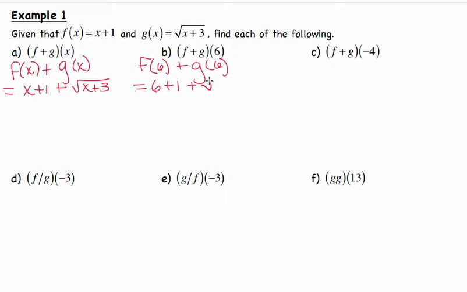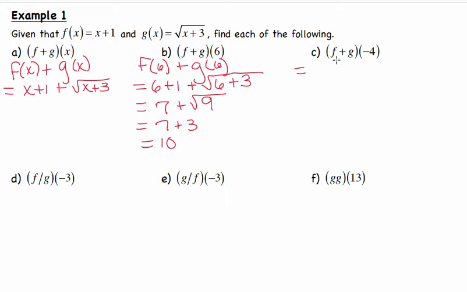My function g with a 6 substituted in is the square root of 6 plus 3. And then we do have to clean this up. 6 plus 1 is 7. And then the square root of 6 plus 3 is the square root of 9. And the square root of 9 is 3. And we just add 7 and 3 to get 10, and that answer is done.